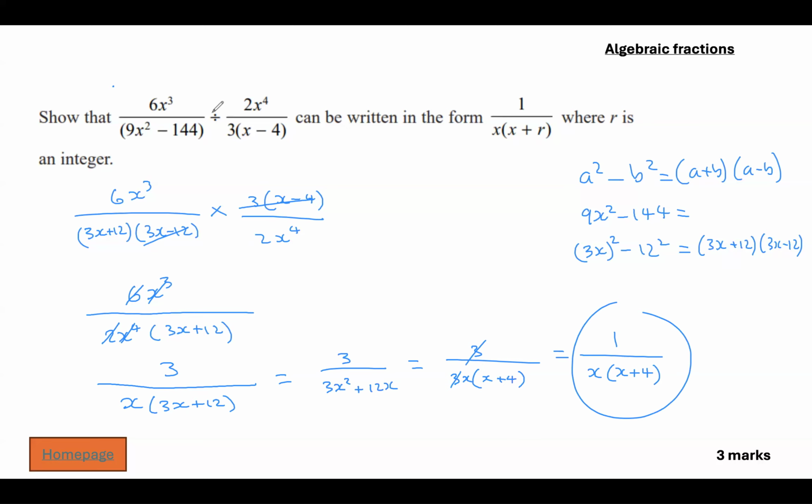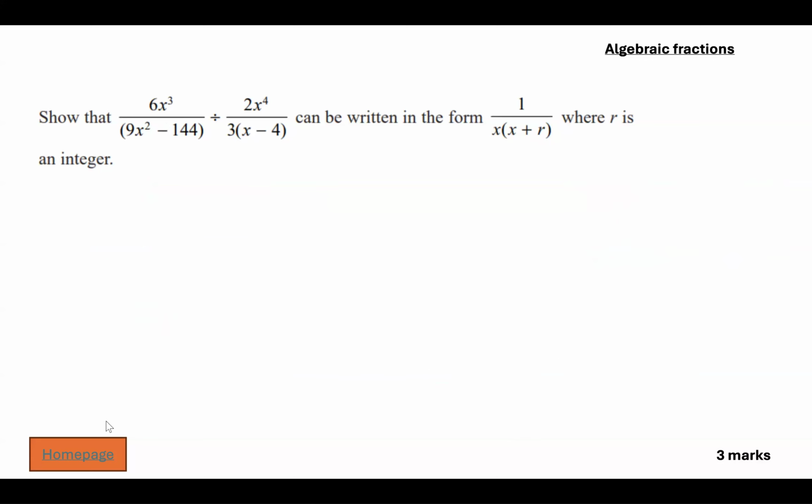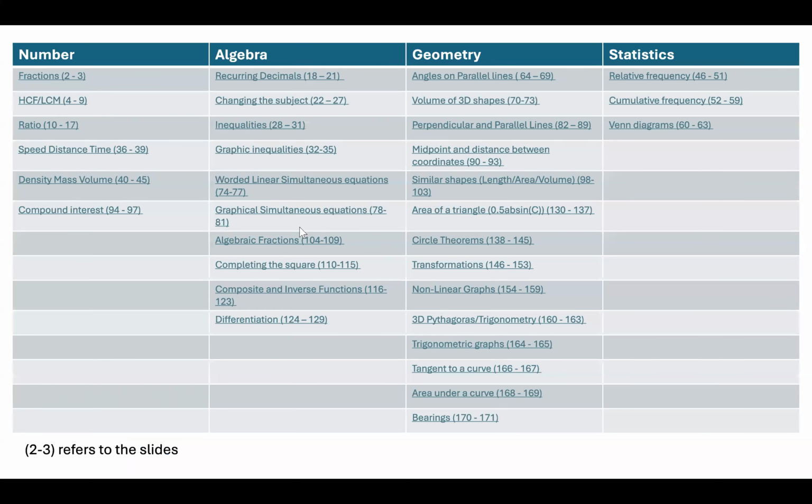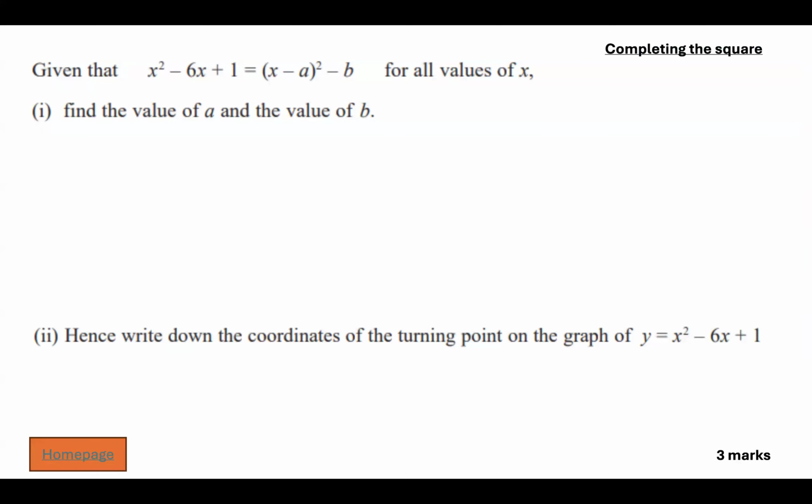So remember, the difference of two squares is critical when you're doing algebraic fractions. So if we go back to the home page, the next topic that we want to look at is completing the square. Okay, so completing the square, what we want to do over here is half this value, so we get (x minus 3) squared, and we always subtract the square of this number here, so minus 3 squared, and then plus the 1.